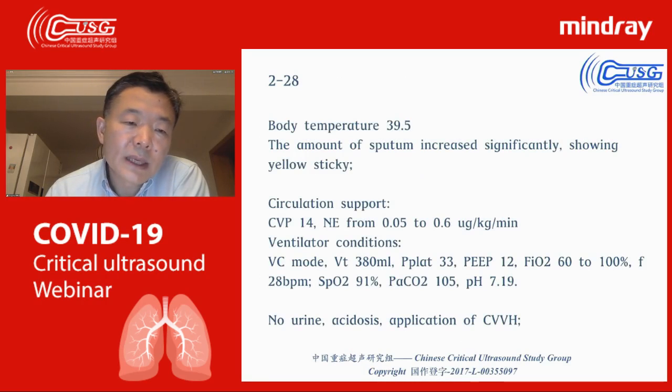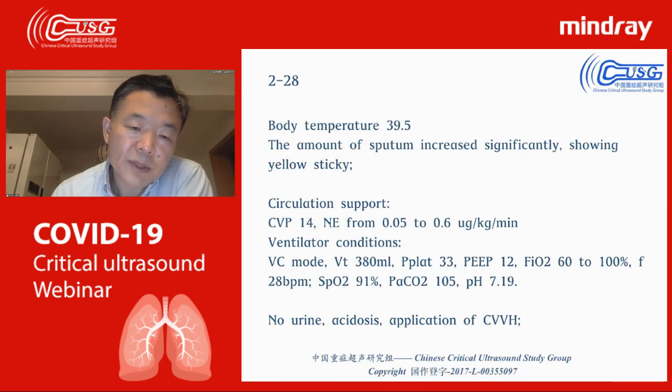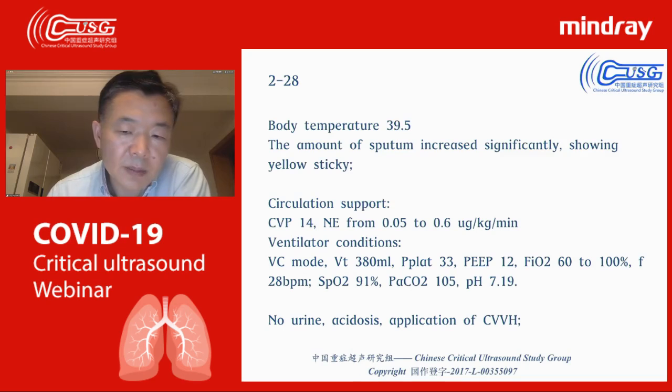I think the day after this, the patient's condition changed. The body temperature became 39.5, and the amount of sputum increased significantly and was yellow and sticky. And for circulation support, CVP is 40, and epinephrine went from 0.05 to 0.6 microgram per kilogram per minute.